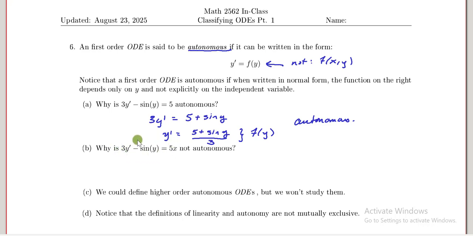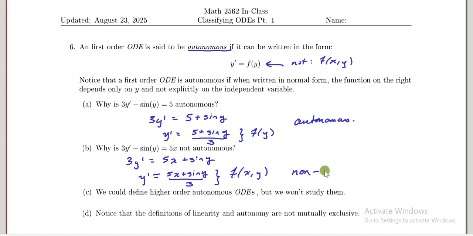So again, if we go to try to write this in normal form, which we can do, we get 3y prime is equal to 5x plus the sine of y, or that y prime is equal to 5x plus the sine of y, divided by 3. We've put it into normal form, but now it's a function of both the independent variable and the dependent variable, so this is non-autonomous.